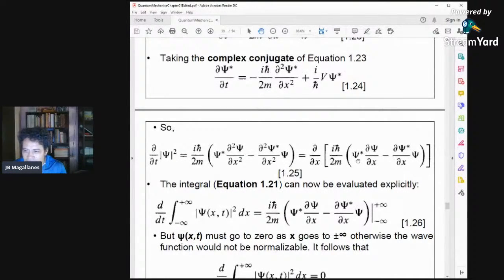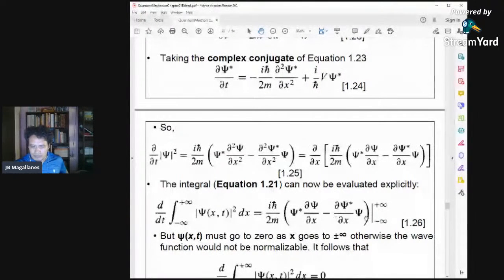But the dx here, when you put the integral, will cancel with this. And so you will be left with the integral of the derivative of this one. Any integral of a derivative is just that function.